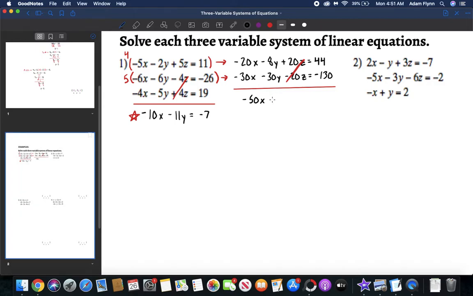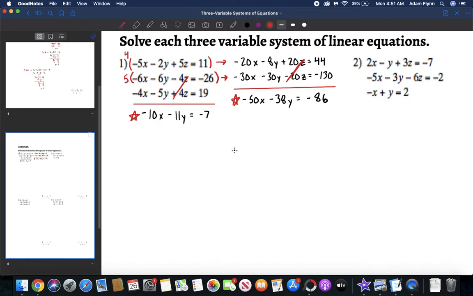Negative 8y minus 30y is going to be negative 38y. And 44 minus 130 is going to be a negative 86. And I'm going to put a star next to this equation as well.